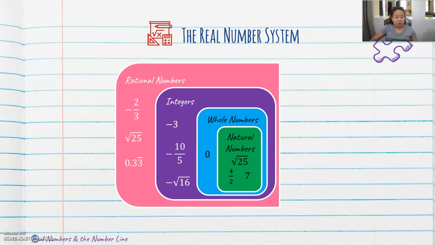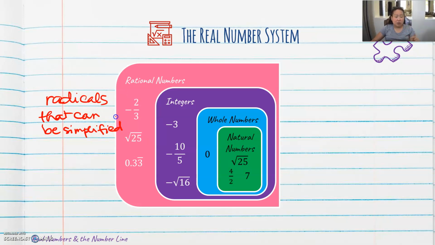Now, it is important to note here, with the rational numbers, radicals that can be simplified are included as rational numbers, just like square root of 25 equals 5.